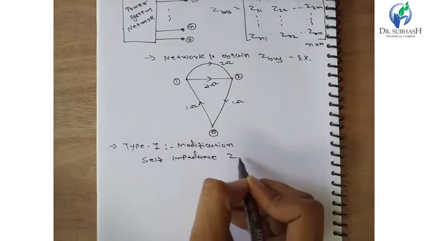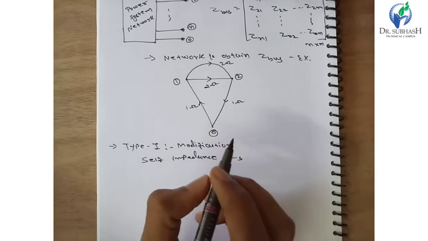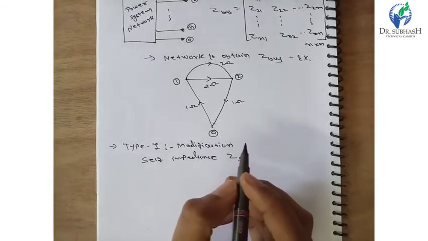The self impedance value is known as Z suffix S, added between the reference bus and the new bus.